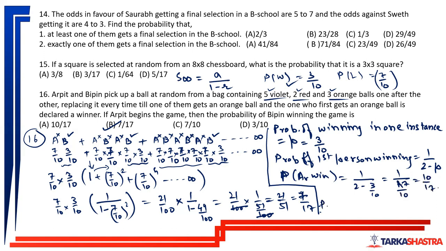Now probability of Bipin winning is 1 minus probability of Arpit winning, which is 1 minus 10 by 17, which is 7 by 17, as we got it. 7 by 17. Okay, this is how you need to solve it.